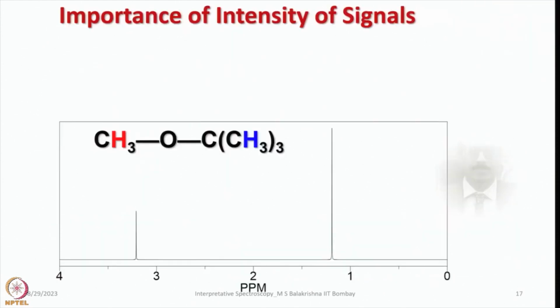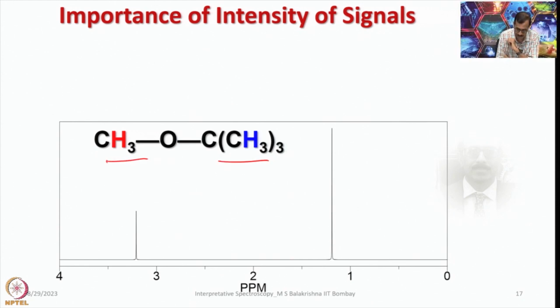So, now let us look into the importance of intensity of signals. You can see here in this molecule we have two types of hydrogen atoms. I have designated them with blue color and H color here. There is one methyl group here, and on this carbon we have three methyl groups. And then if you just look into the signals, by simply looking into the intensity, you should be able to tell which signal is for which group.